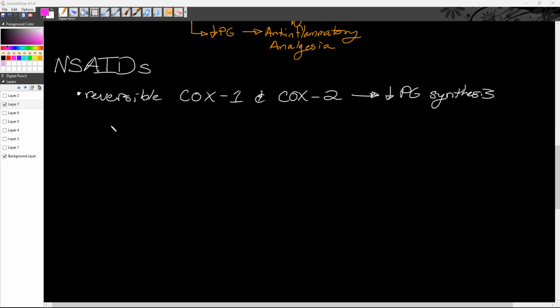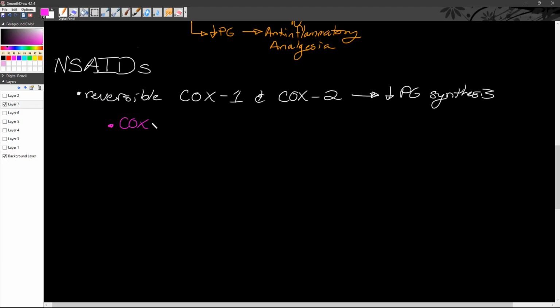So, COX-1 is found in all tissues. The predominant type that we find is really, in terms of where we care about, is the gastric mucosa and renal cells.